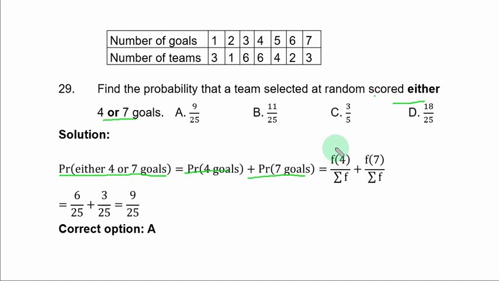And this means the frequency of the teams that scored 4 goals over total teams, plus the frequency of the teams that scored 7 goals over total teams. Those that scored 4 goals, they are 6. Those that scored 7 goals, they are 3. That is 6 over 25 plus 3 over 25. You have like fractions, you simply add the numerators and you have 9 over 25. A is the correct option.